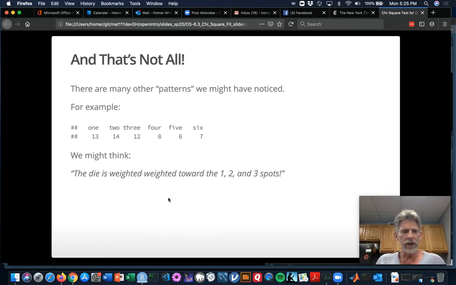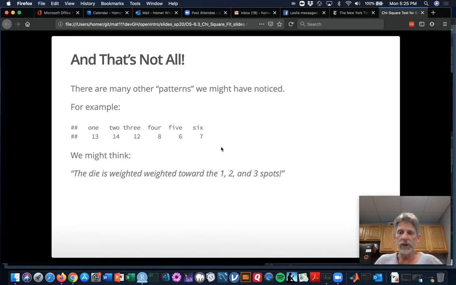For example, if you had seen 13, 14, and 12 for 1, 2, and 3 spots, and then 8, 6, and 7 for 4, 5, and 6 spots, then you might think, hey, maybe this die is weighted towards the 1, 2, and 3. See? There are all kinds of combinations of unusualness in how the tallies could show that you could notice and that would make you suspicious.